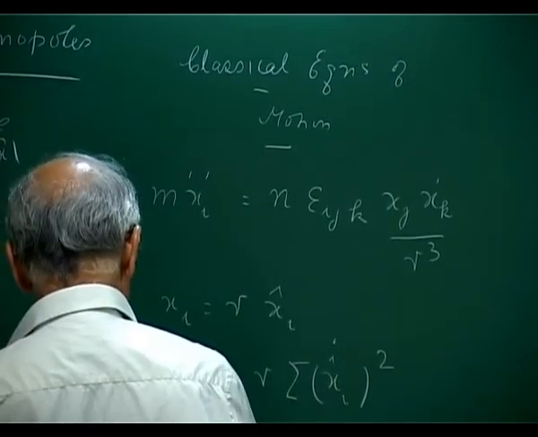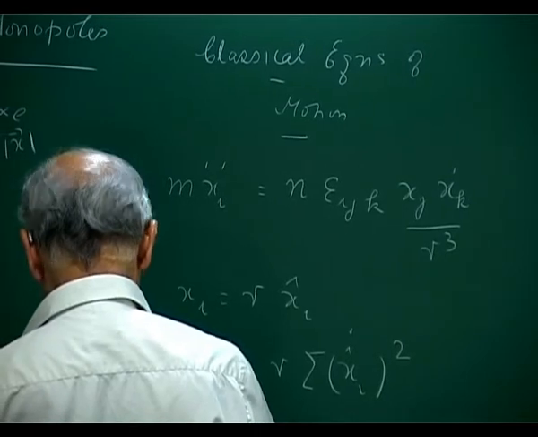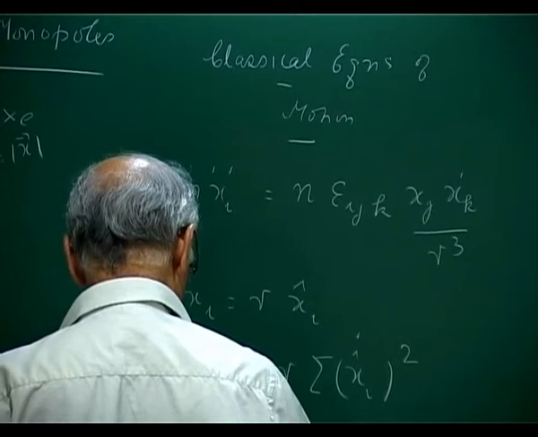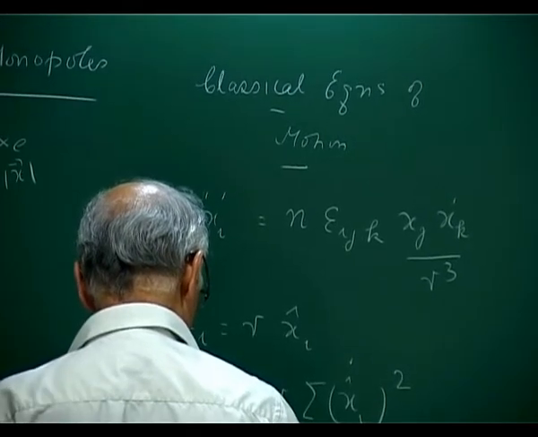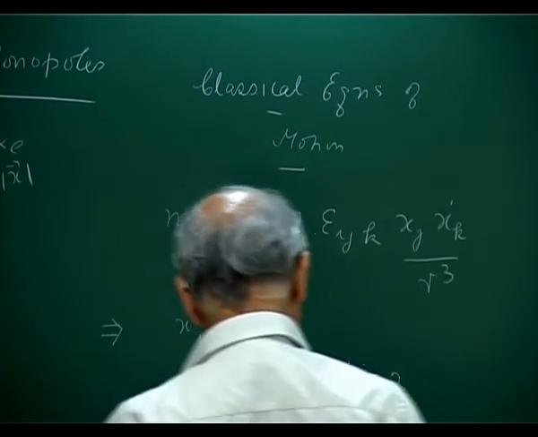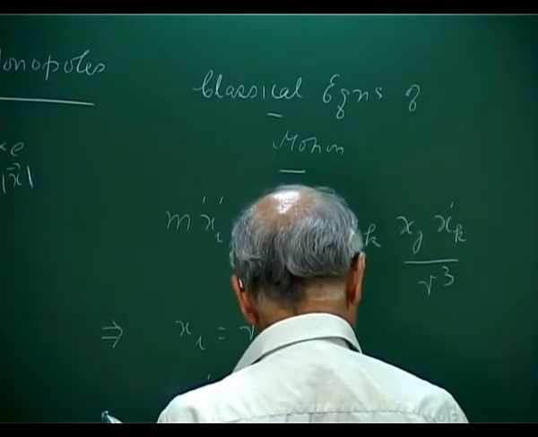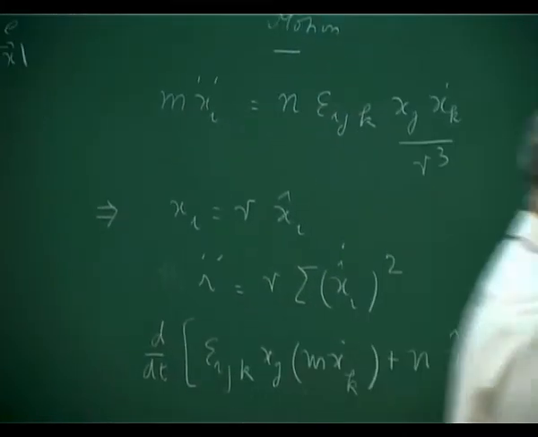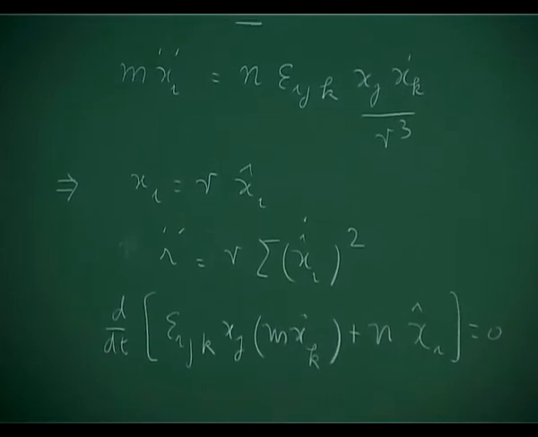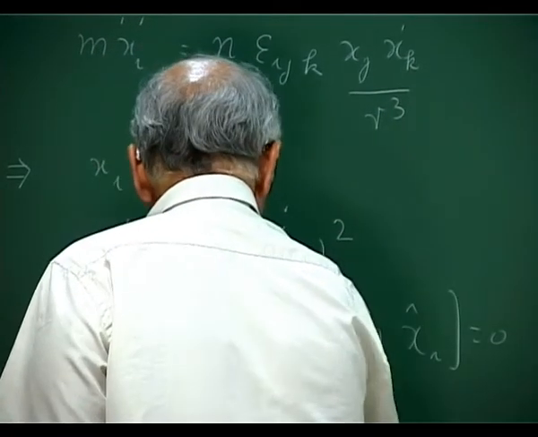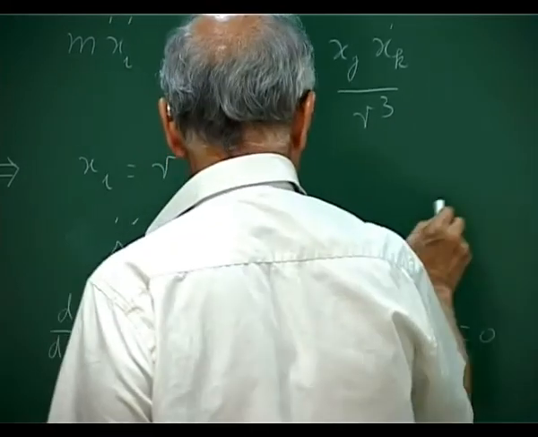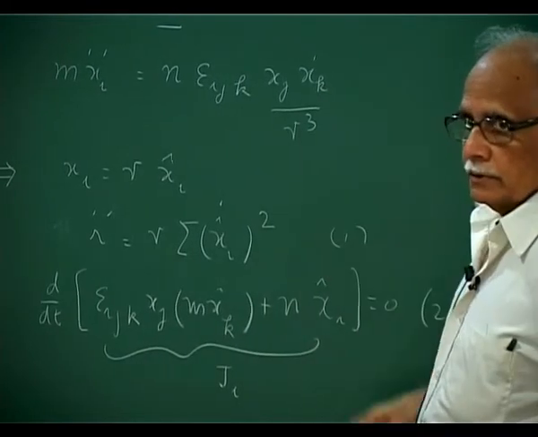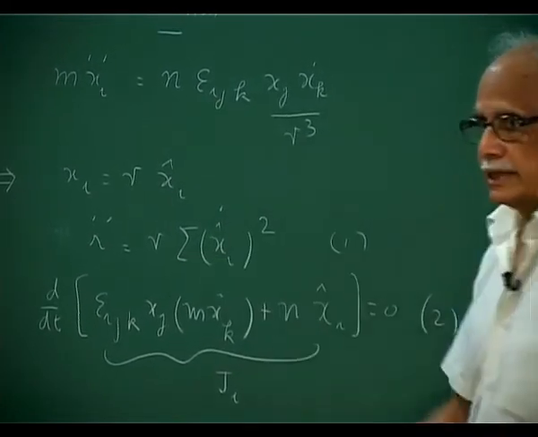Okay. Then it says d/dt of epsilon i j k x j m x k dot plus n times x hat i is 0. This I will call J i. So this is equation 1, this is equation 2. This is coming from here by substituting this here and looking at the components.